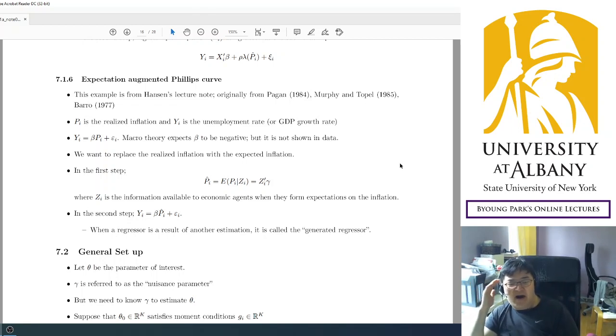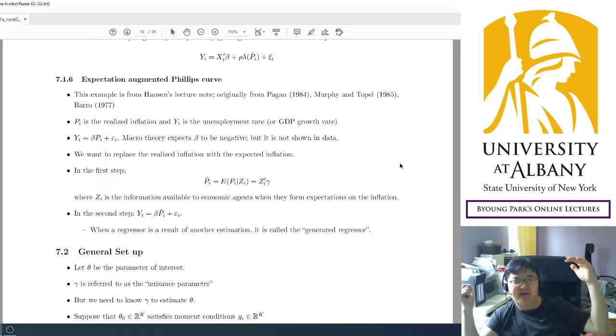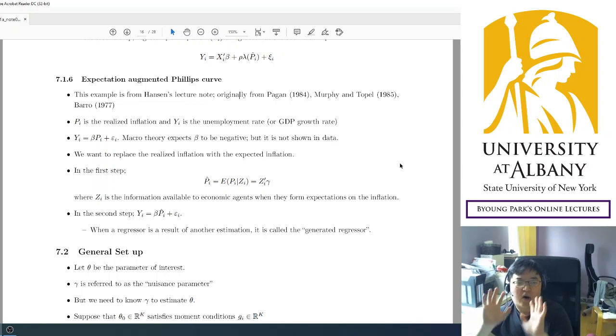For example, if I expect inflation will be 5% next year, then 3% is minus 2, so 3% is lower than I expected, and it is not considered a high inflation. But if I expected 1%, and the actual inflation was 3%, then the inflation is higher than my expectation, so it may cause some adverse effects. Anyhow, that is just the basic idea of this theory.